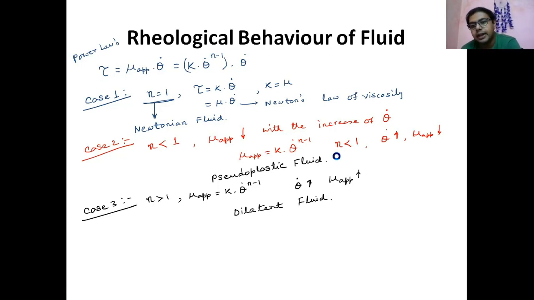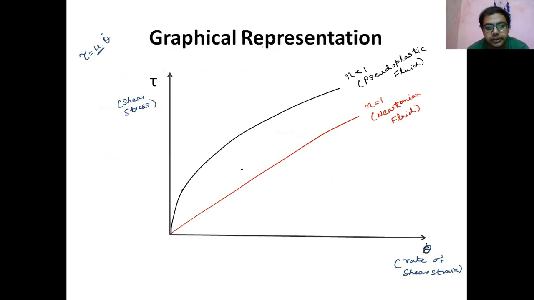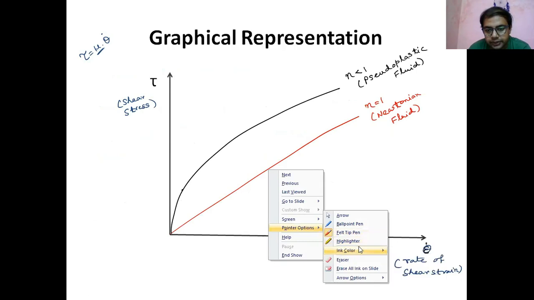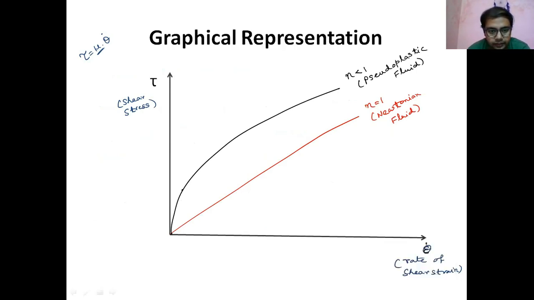So how will it look? This dilatant type of fluid will look in this way, that is, n is greater than 1.